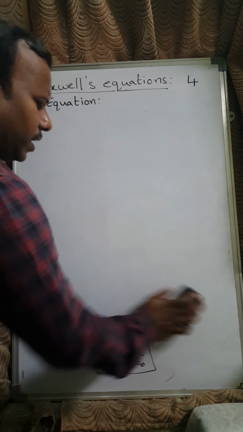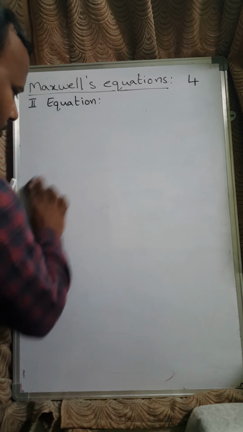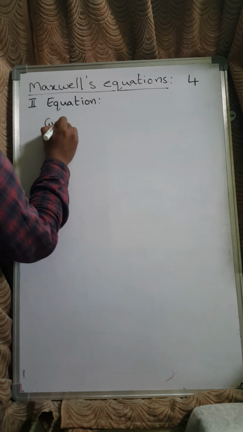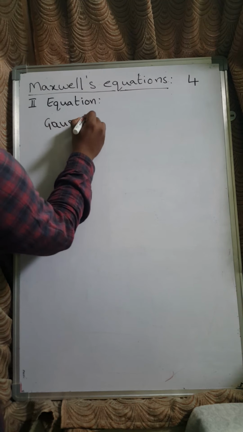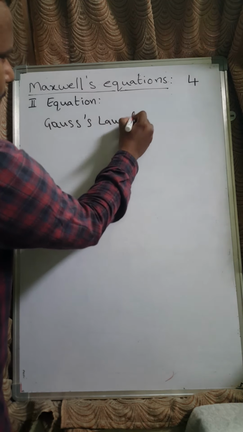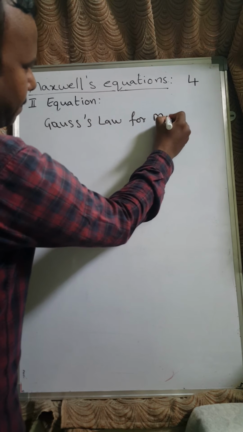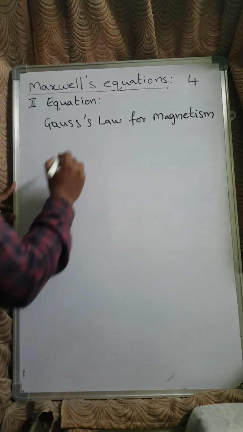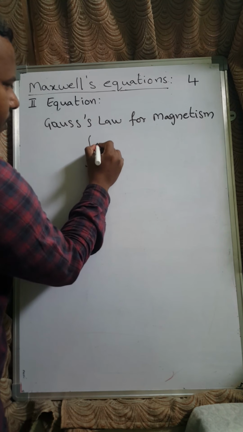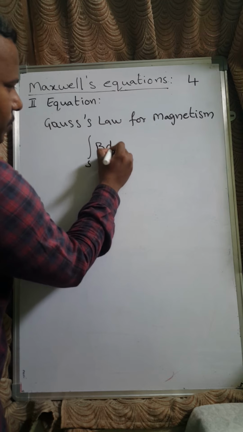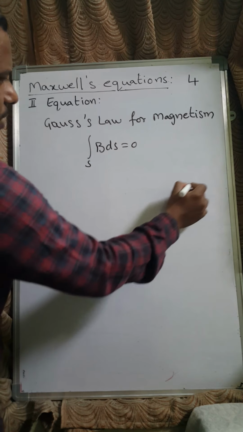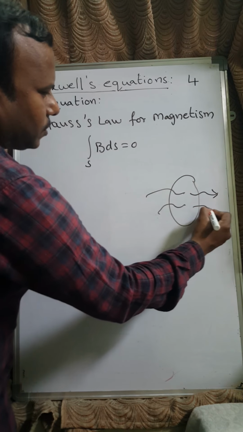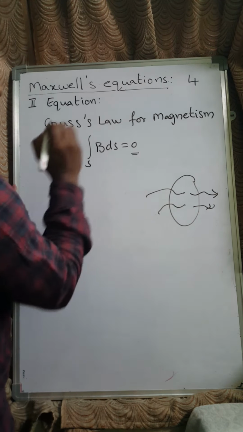Using that equation, we are going to show that del dot B equals 0. The second equation is derived from Gauss law for magnetism, which is surface integral of B dot ds equals 0. The total flux entering a region is equal to the total flux leaving the region. So that means the net value becomes 0.